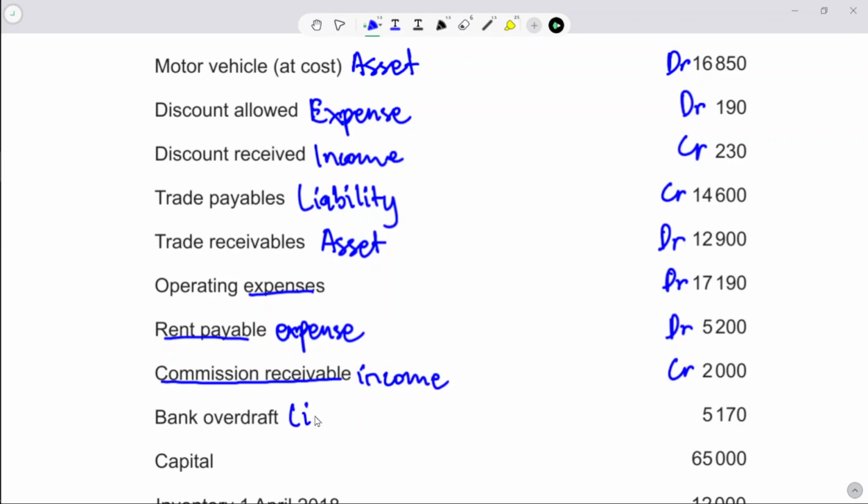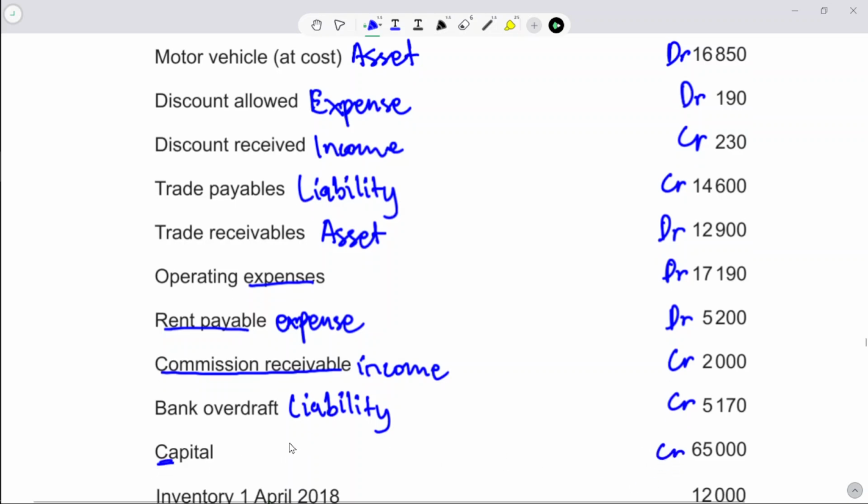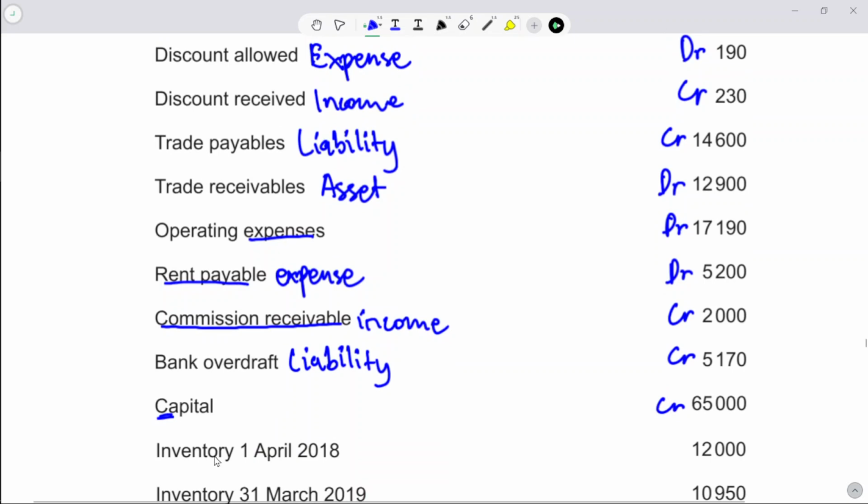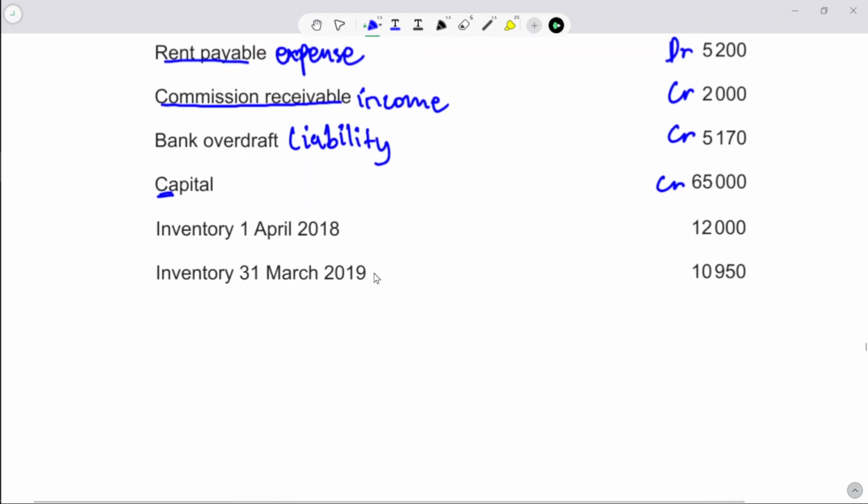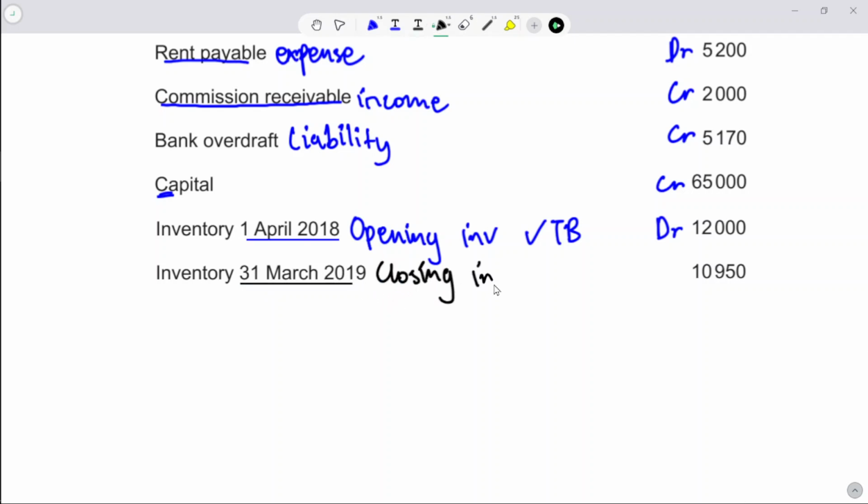Bank overdraft is a liability, so credit. Capital is credit. First April is opening inventory, so we record in trial balance. By default this is debit. 31 March is ending, so it's closing inventory, so no trial balance, so let's ignore this.